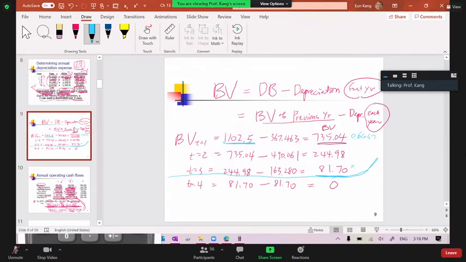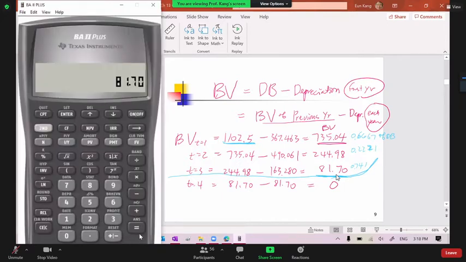Sorry. This 0.2221 is correct. Like this, right? So for example, in percentages, of depreciable basis.